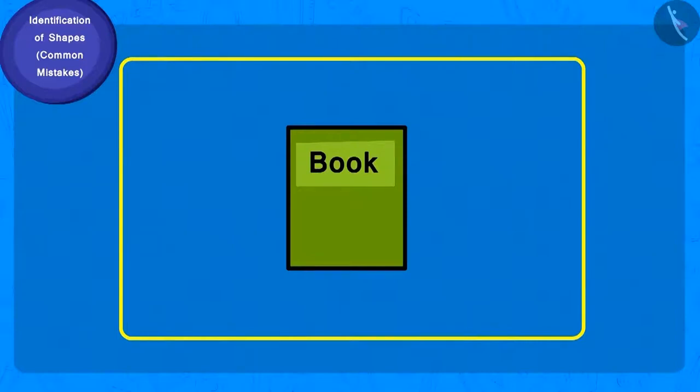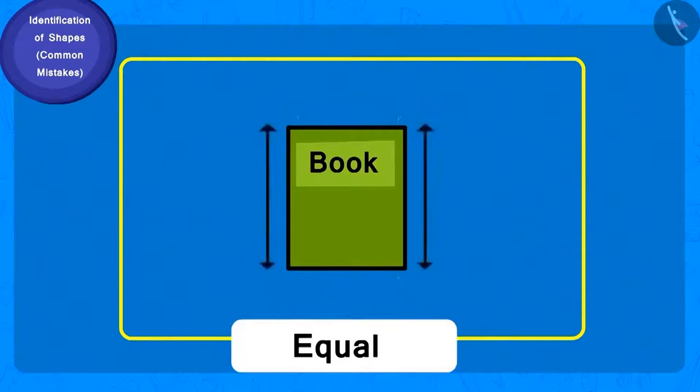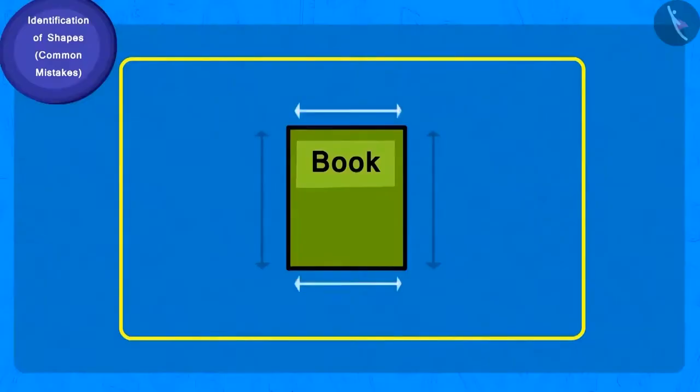4. But is the length of all the sides of the book equal? No. Only the length of the opposite sides is the same. So, what shape is the book?